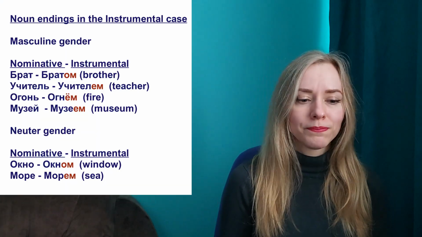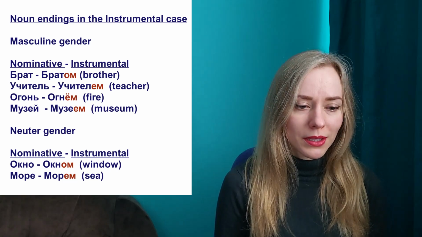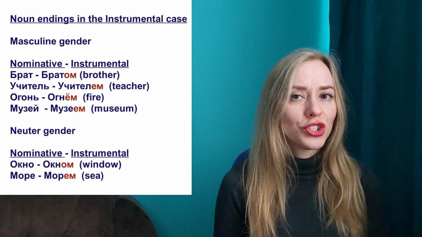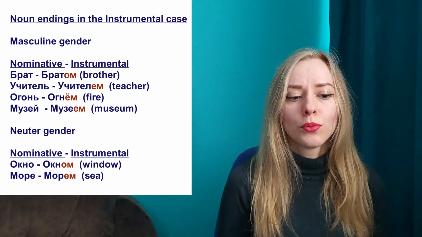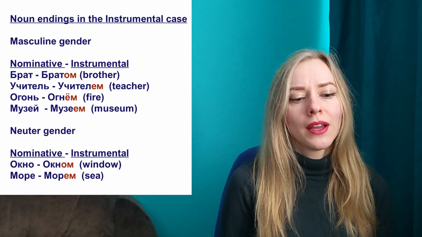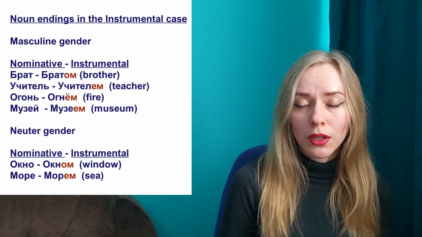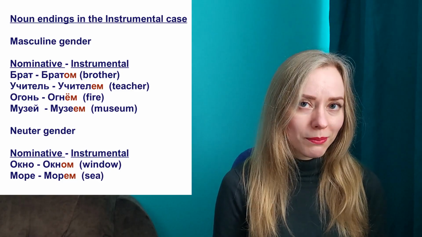For example, брат – братом, учитель – учителем, огонь – огнем, музей – музеем, окно – окном, море – морем.